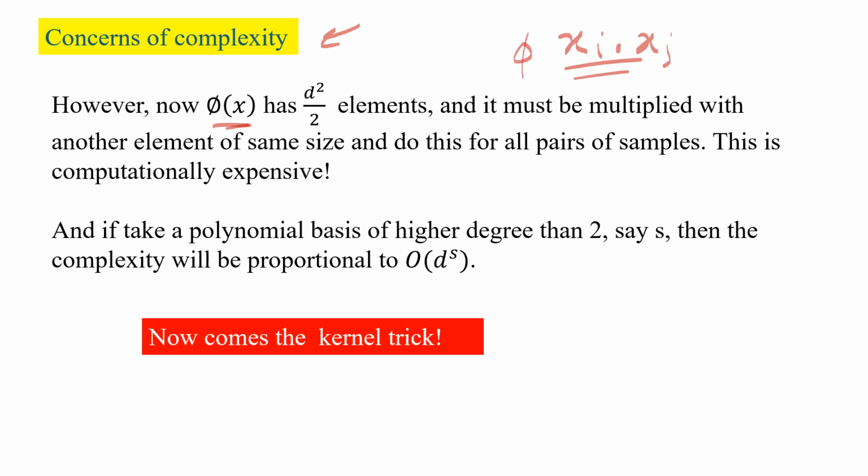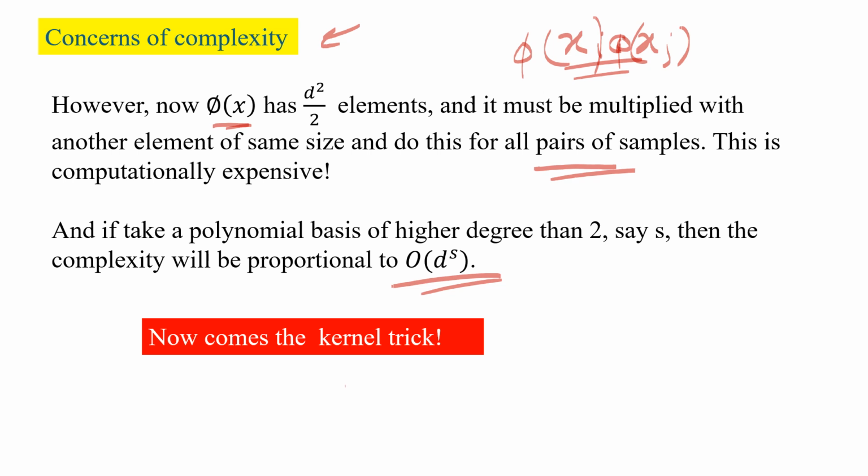So which means we must do it for the dot product of the transformations, and this is for all pairs of samples. This is going to be very computationally heavy, and if we take a polynomial of degree greater than 2, then the complexity further increases.